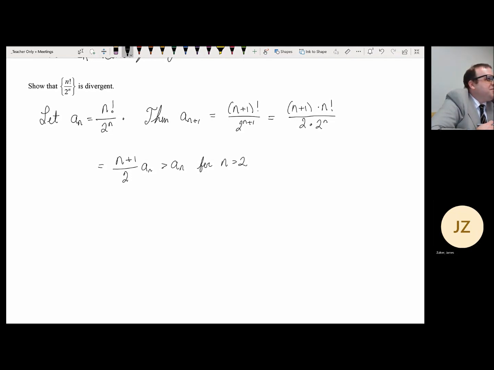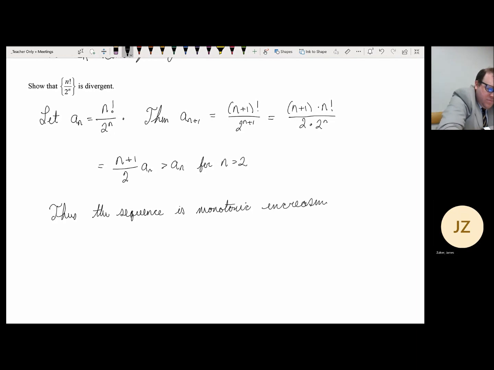Perfect. So we know that after 2, the sequence will just increase. The terms increase. Perfect.